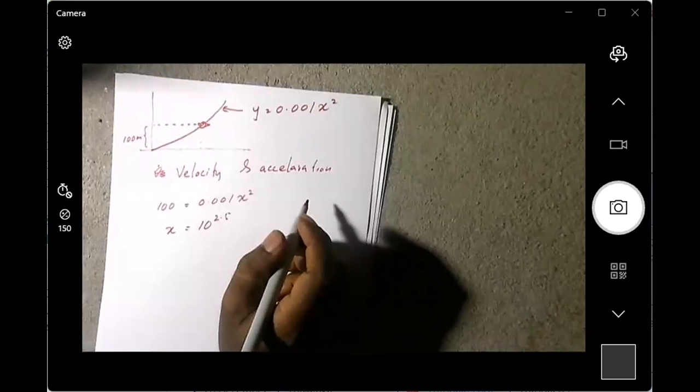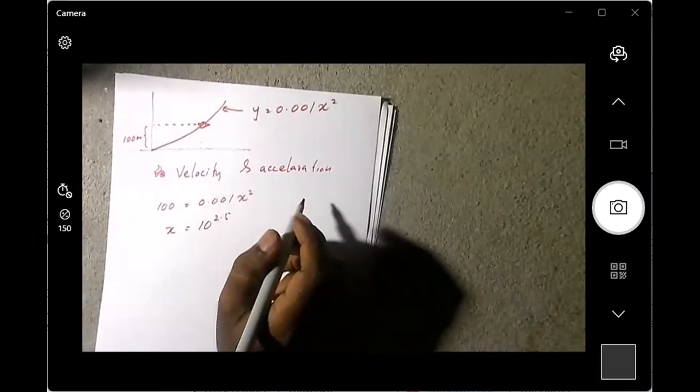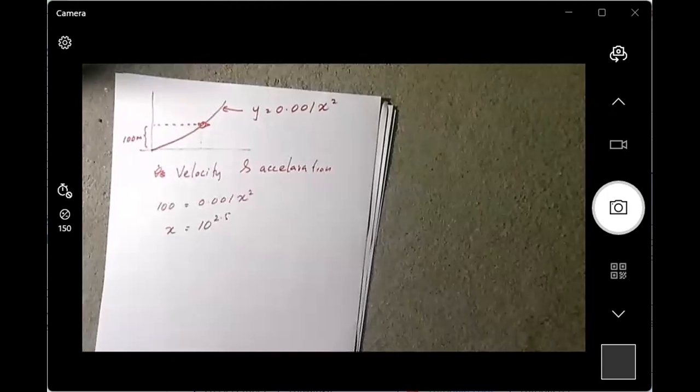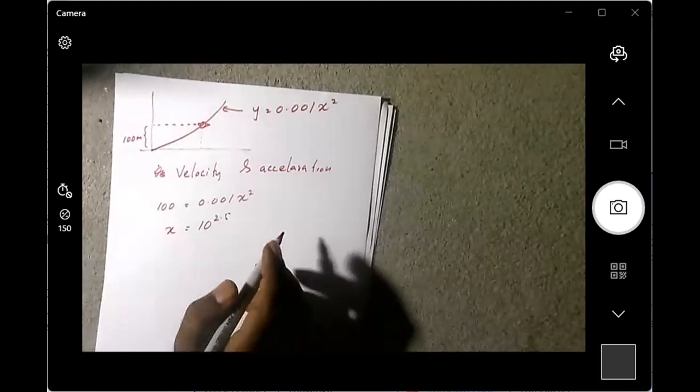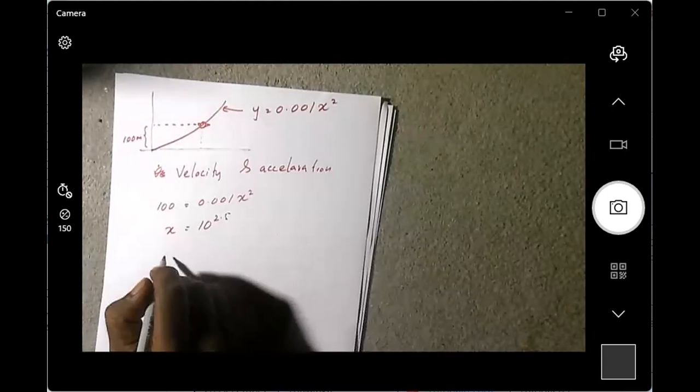What is that? Is it the velocity of the aircraft, or is it only the amount it moves upward? What is this 10 meters per second?